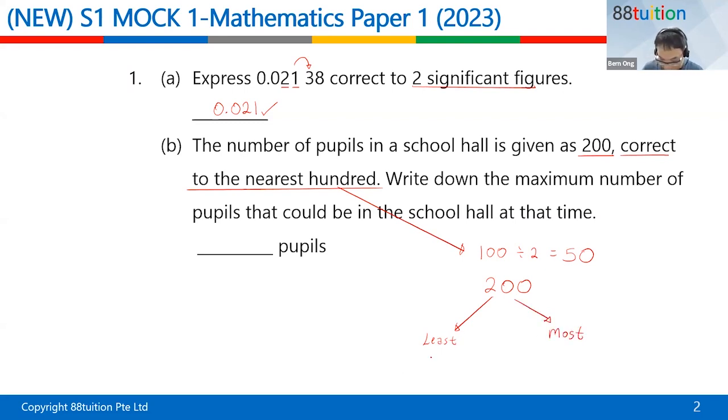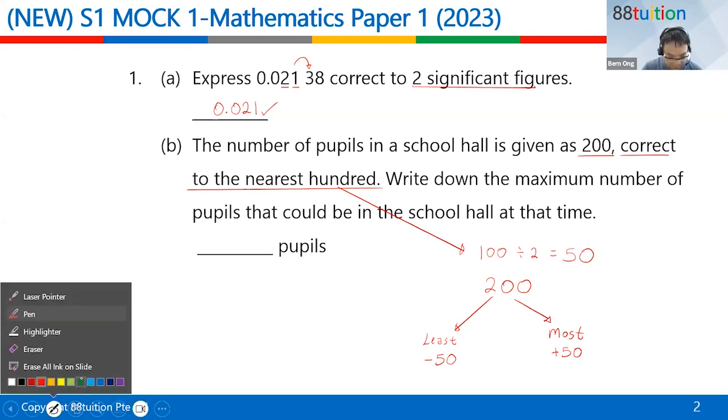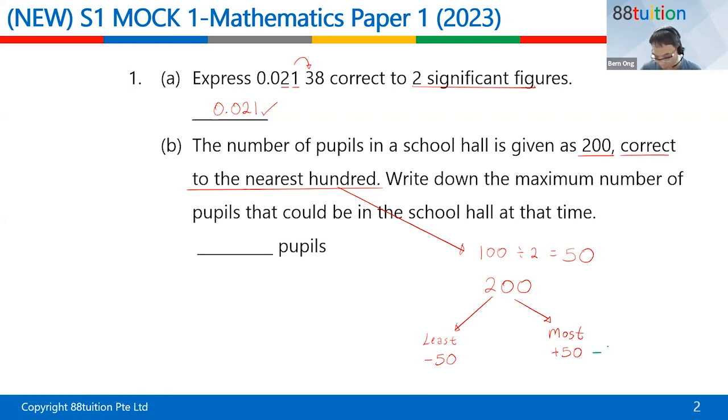When it is least, you have to minus. When it is most, you have to plus the 50. But remember, for the most portion, you must do one more extra step, which is to minus 1. So what if they ask you what is the least or minimum number of pupils that is in the hall at the first time?